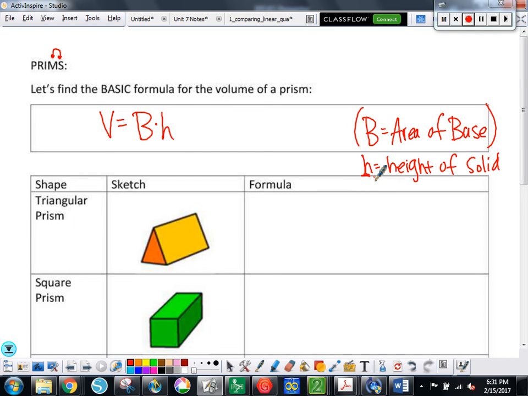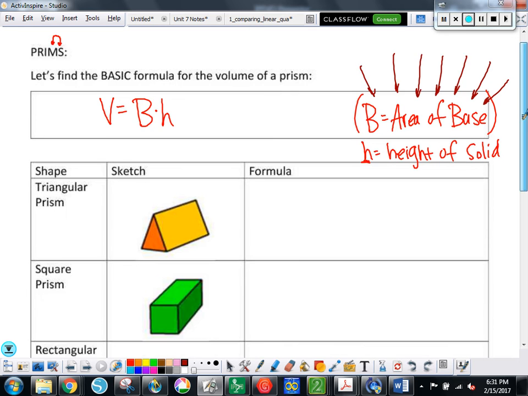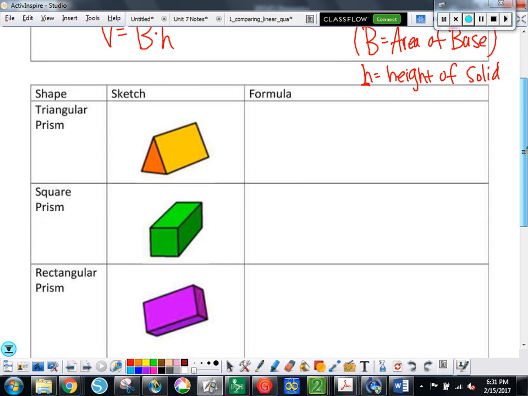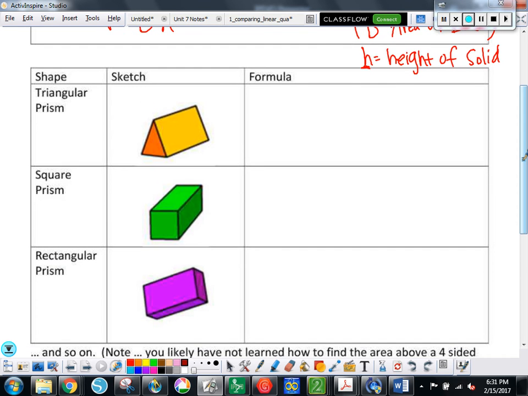So what we need to do is remember what the area formula is for all of the different base possibilities. One thing to note is you will not get any formulas on this test, which is why we're spending so much time figuring out what the different formulas could be. So let's start with square.